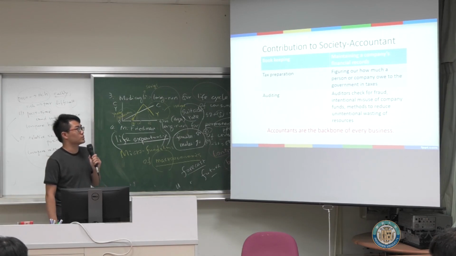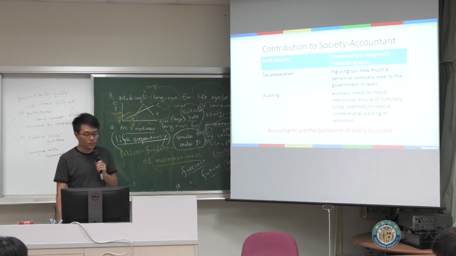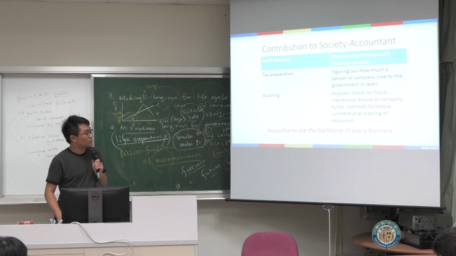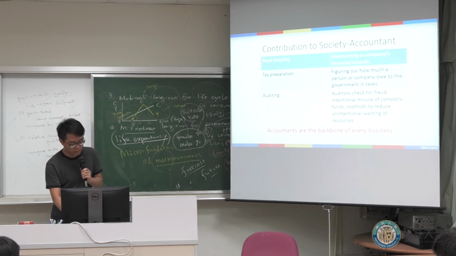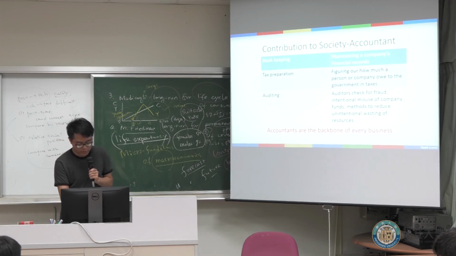Now I will introduce how accountants contribute to our society. In our society, some accountants are involved in preparing an organization's financial statements. It is likely to include maintaining the legitimacy of the accounting systems of an organization or a corporation and supervising some employees.